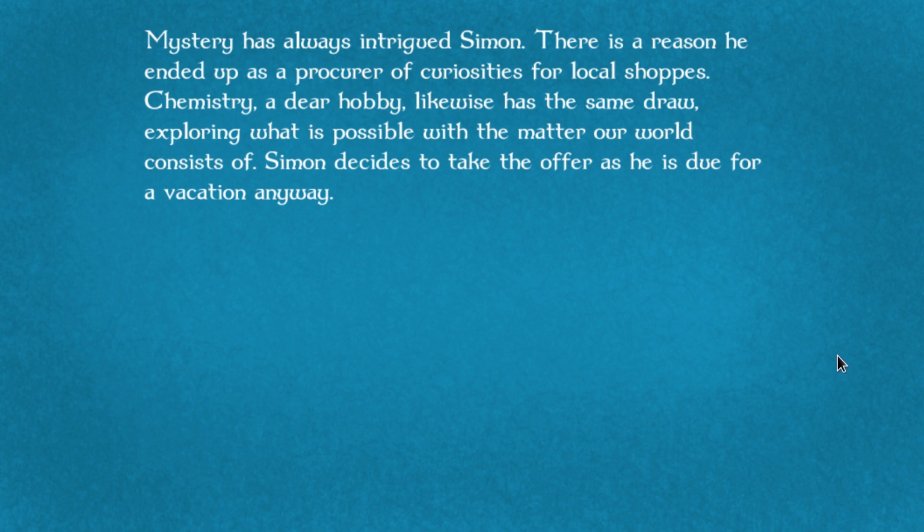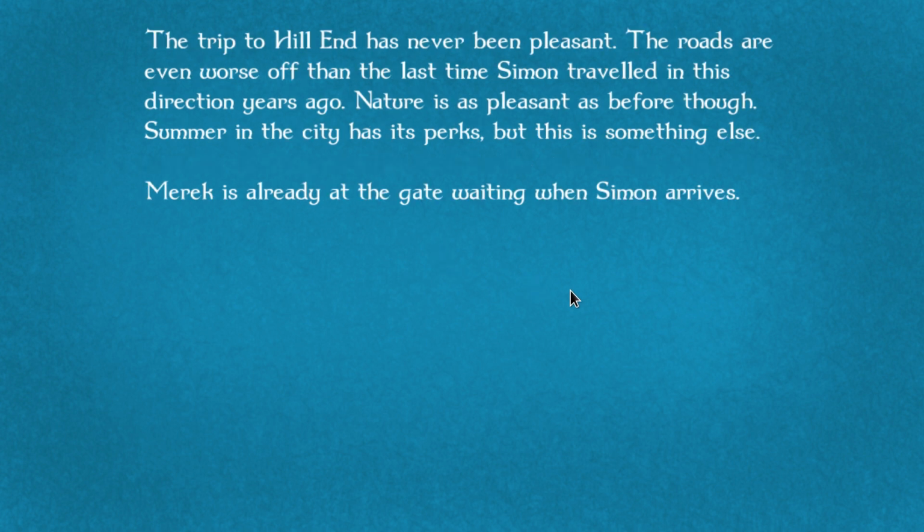Simon decides to take the offer as he's due for a vacation anyway. So here I of course use, it's not you. You're not in this world, it's Simon. The trip to Hilland has never been pleasant. The roads are even worse off than the last time Simon travelled in this direction years ago.